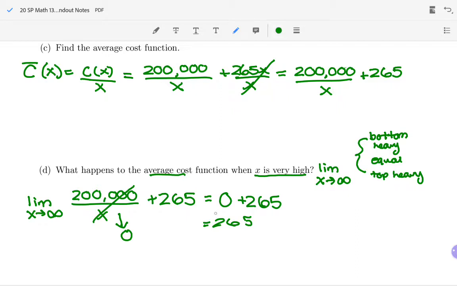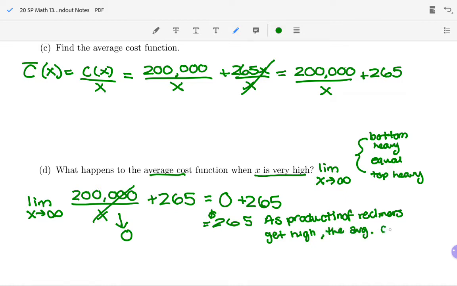What does this mean? This is dollars, so $265 means as production of recliners gets high, so maybe not at 2 recliners, but at 200, as production of recliners gets high, the average cost of each recliner is how much money?